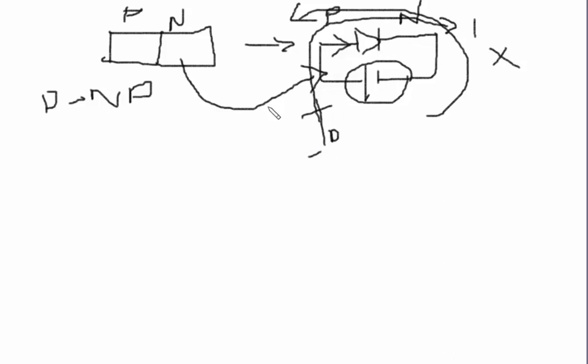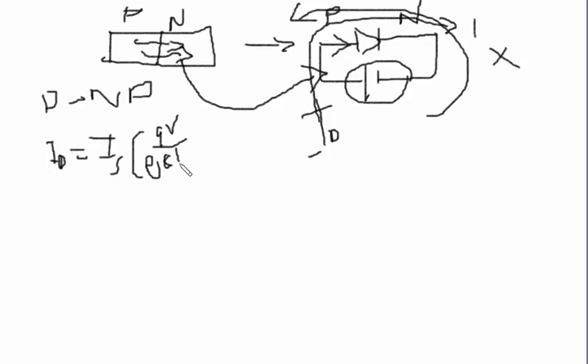So how can we derive this ID current? ID is equal to, so the current in this saturation of electrons, I can call it I sat, into e to the power of QV divided by K into T, minus 1.